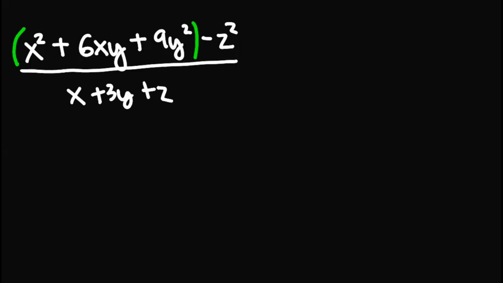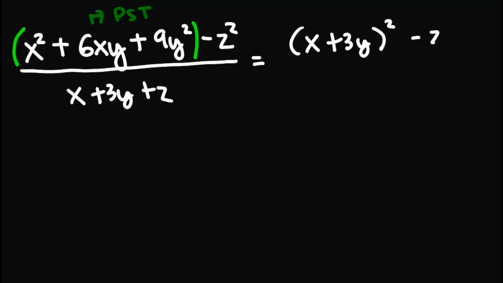From here, observe that this one out here is a perfect square trinomial. So you can verify that by perfect square trinomial, this one is equal to x plus 3y squared, copy the minus z squared, over, note that the denominator cannot be factored out anymore since we have different variables out here.